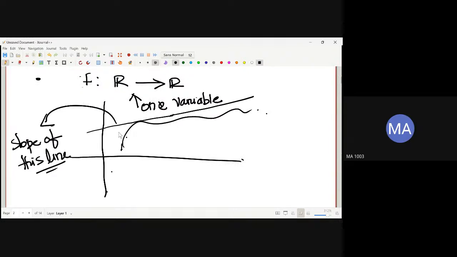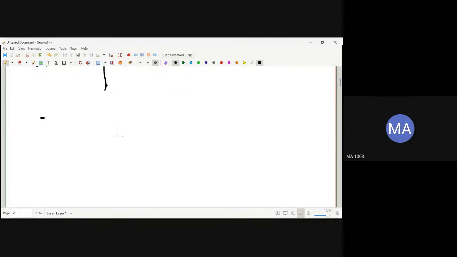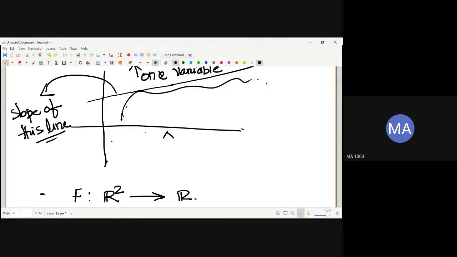Okay, but when you consider a multivariable function, now you don't have a single variable, right? Here you have only one axis, so the domain is basically your line.